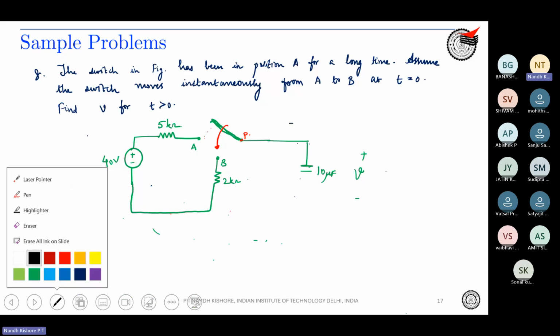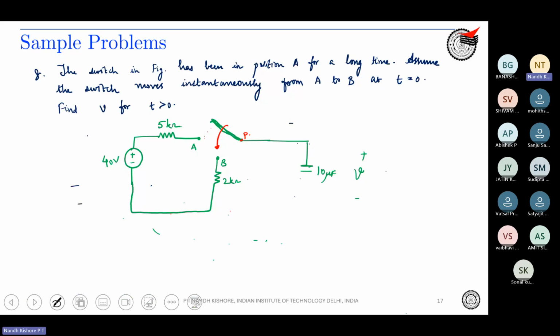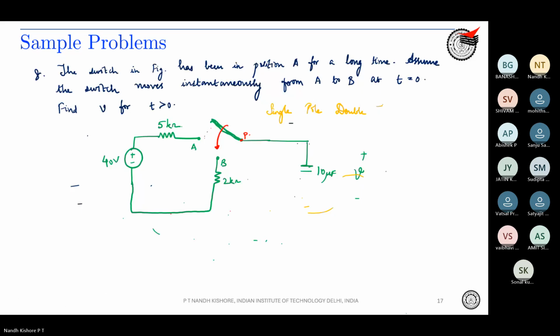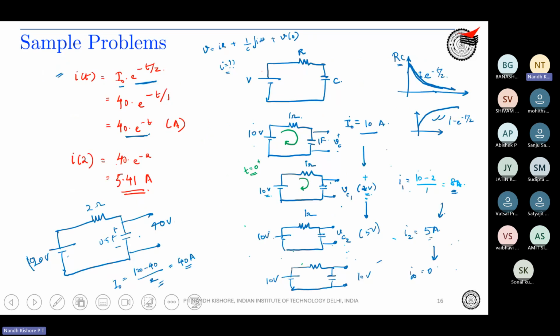With a single switch, I can go to either A or B, having my position fixed, right? This is just some extra piece of information.